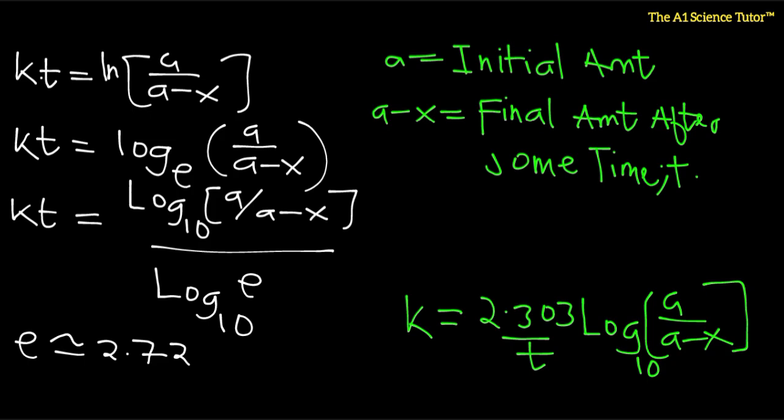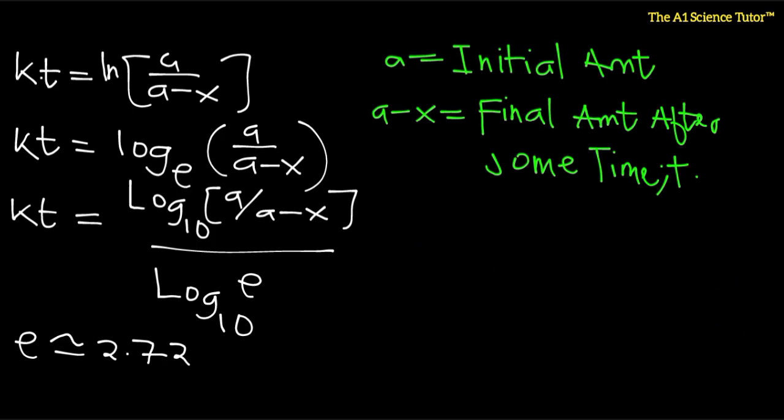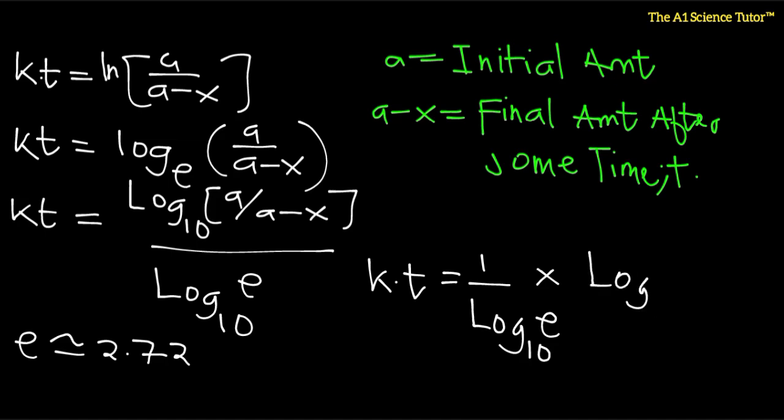It's basically log to the base 10 of e. So if you calculated it, it should give you some value. So let's go on. Okay. So this will be that k multiplied by t is equal to 1 divided by log to the base 10 of e, and this is multiplied by log to the base 10 of a divided by a minus x.